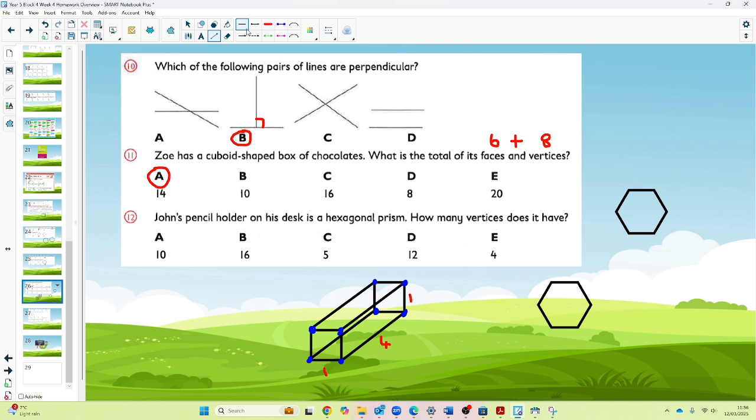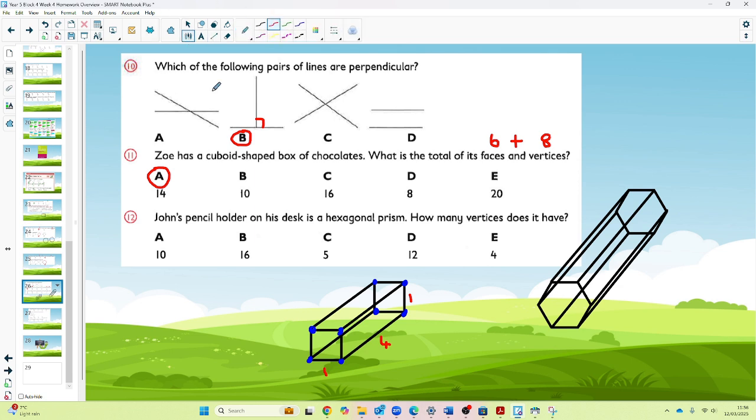It's a little bit more complicated to draw, but if we again line up all of those different edges, making sure we're joining it up with the right ones here, then we are going to make a hexagonal prism. There we go, there's our hexagonal prism.